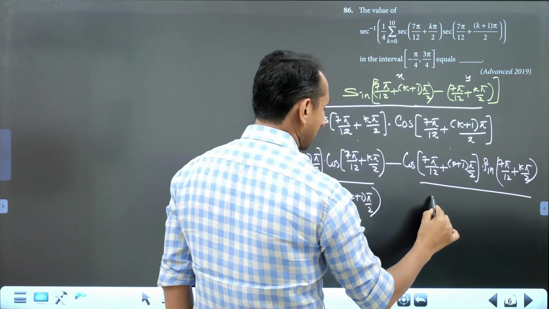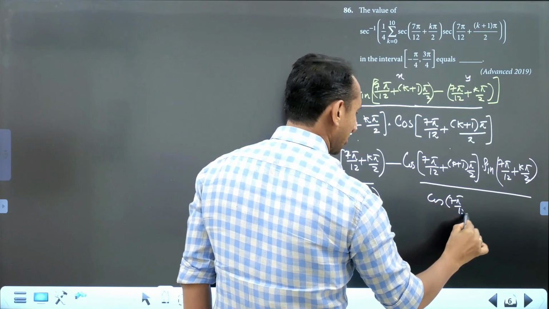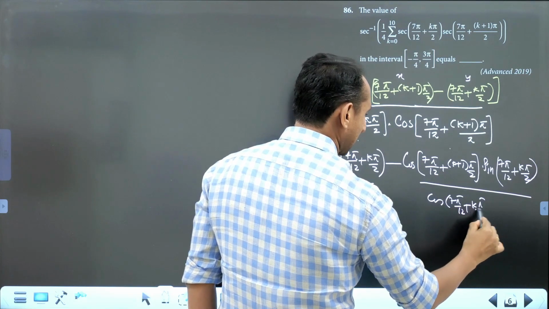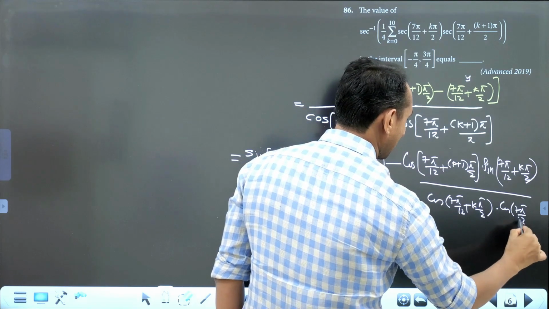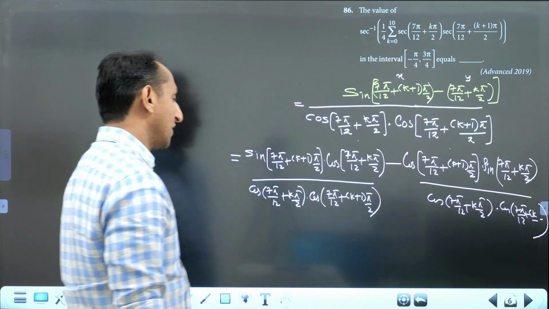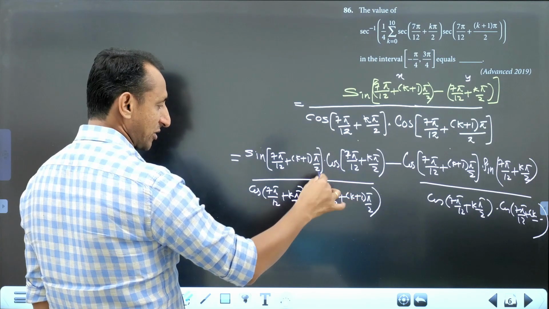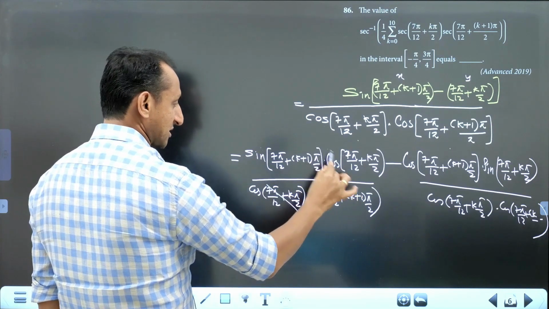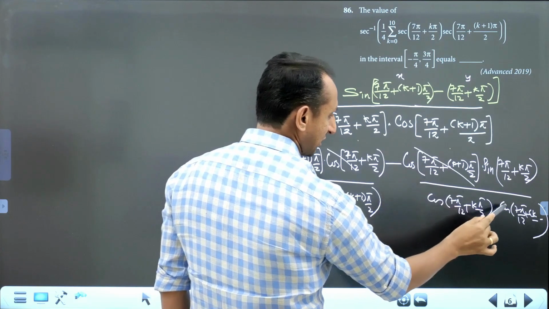Same thing here. Then what happened? Cos(7 pi by 12 plus k pi by 2) is cancelled, and here the other cos term is cancelled.